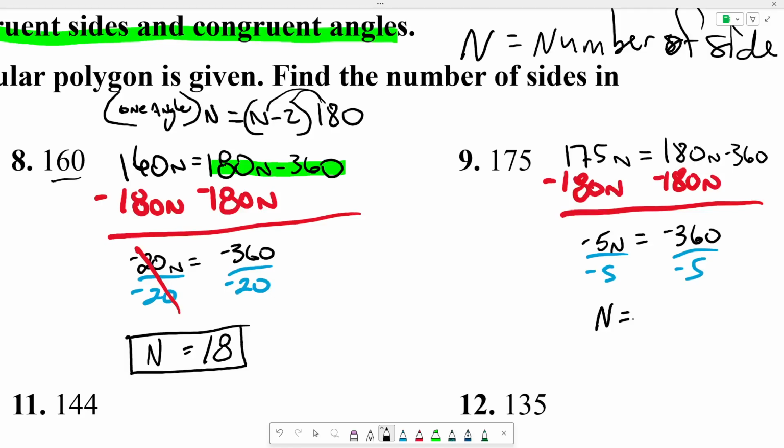The number of sides for this one is going to be, well, this one goes in here 7, and then we go in here again 2, 72 sides.